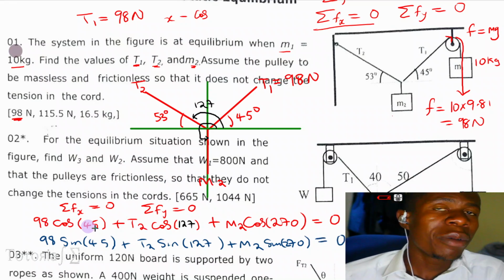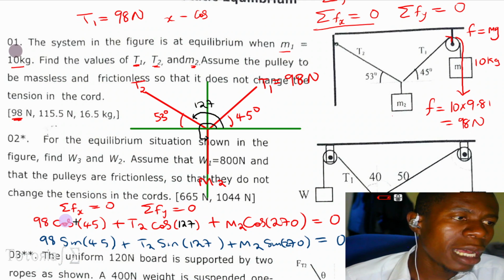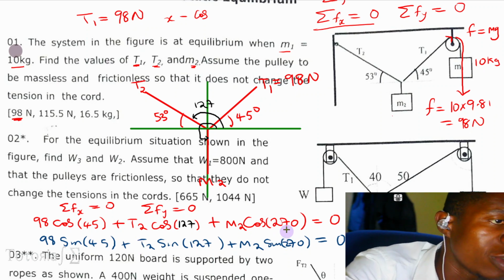So what we've done here is we've found the sum of the x component and equated it to 0, and the sum of the y component we've equated to 0 as well.